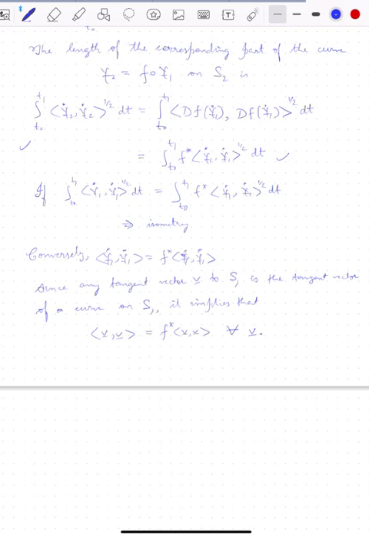So, and since this and f star are bilinear forms, are symmetric bilinear forms, then it implies from this condition that this is equal to.